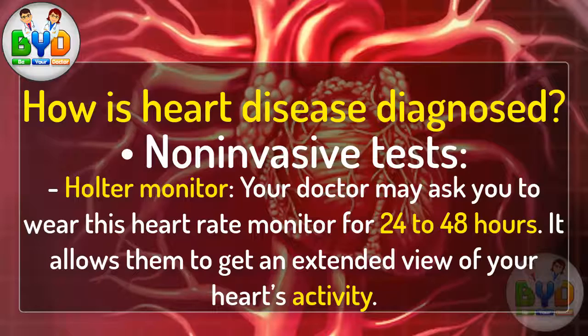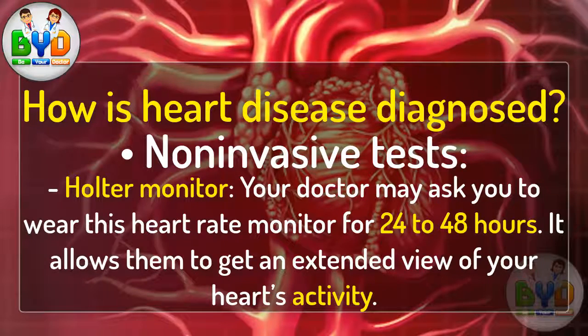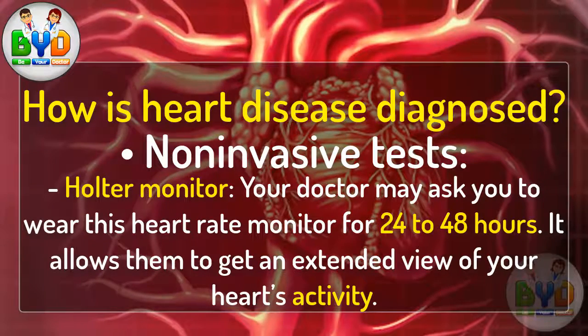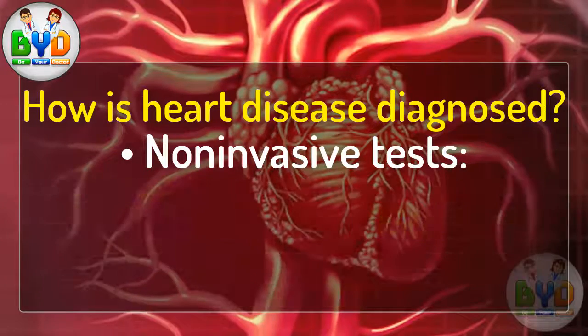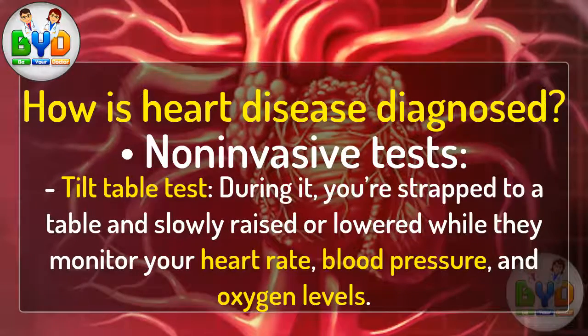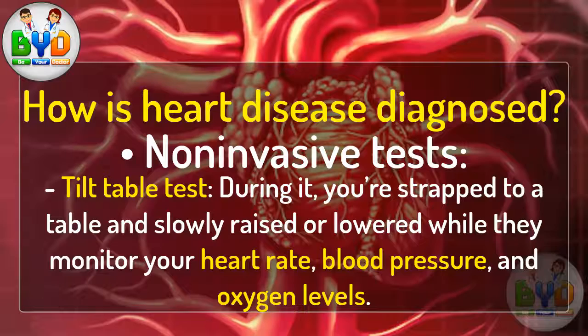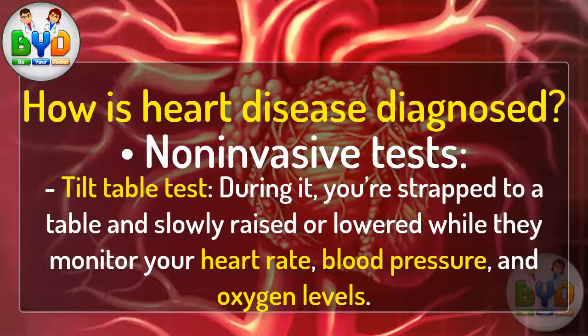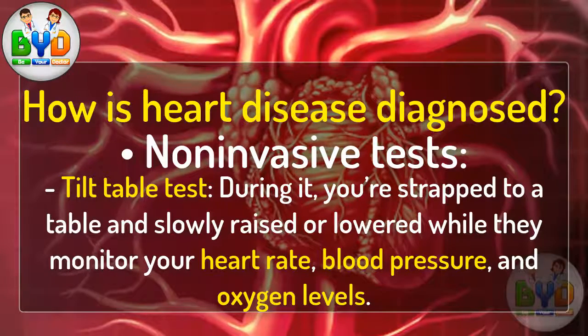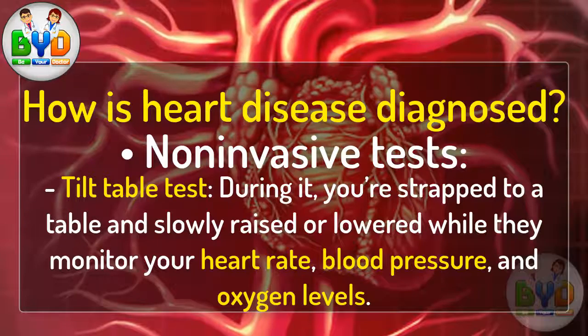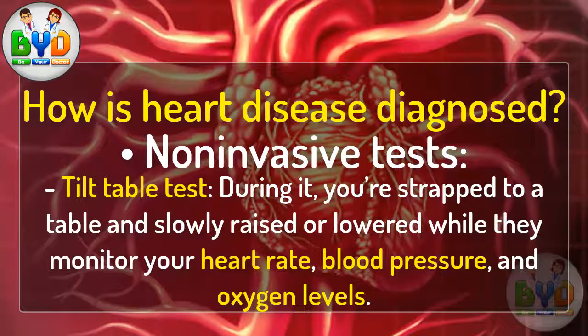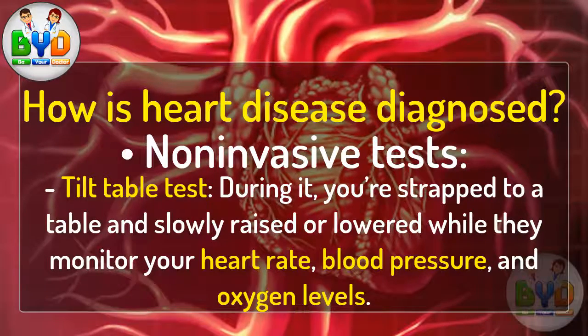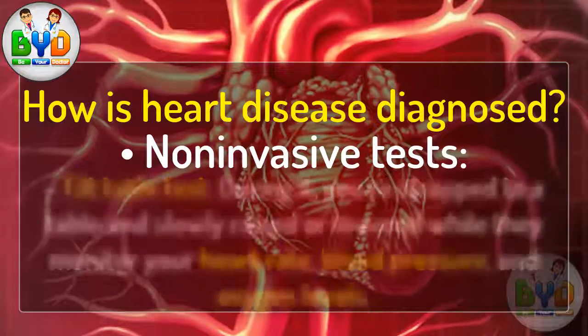It allows them to get an extended view of your heart's activity. Tilt table test. During it, you're strapped to a table and slowly raised or lowered while they monitor your heart rate, blood pressure, and oxygen levels.